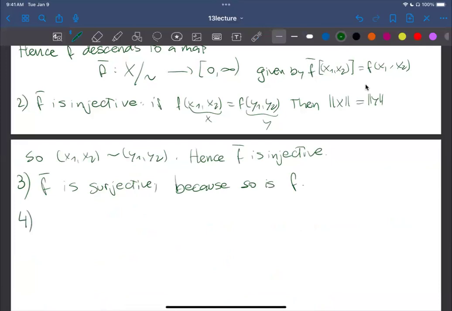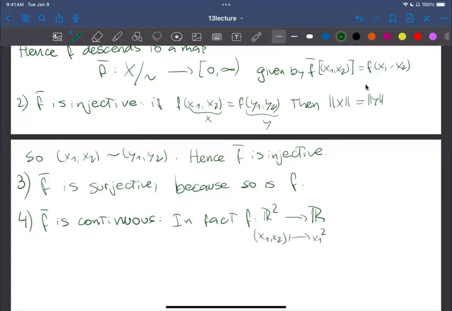Now, furthermore, our F bar is continuous. Now, to prove this, we only need to prove that the function f is continuous. That's the theorem we just proved. In fact, f going out of R2 to R given by x1, x2 goes to the square root of x1 squared plus x2 squared.